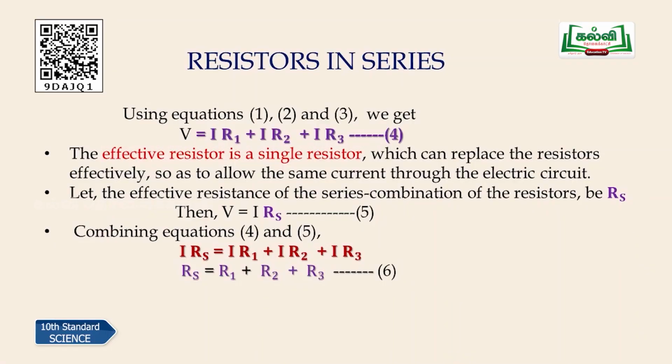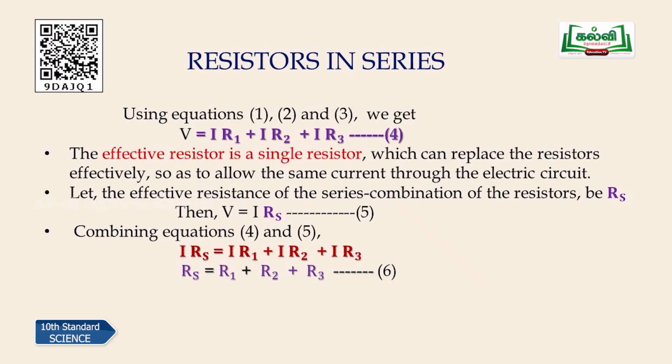Can you follow? Yes, the effective resistor is a single resistor which can replace the resistors effectively so as to allow the same current through the electric circuit. We are going to replace the 3 different resistors with a single resistor.